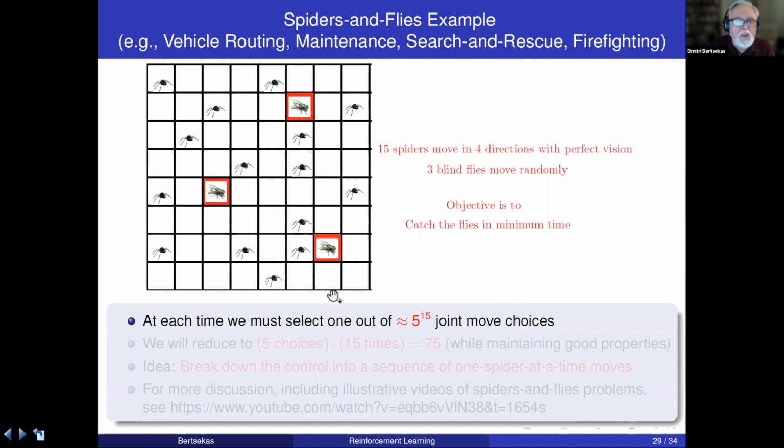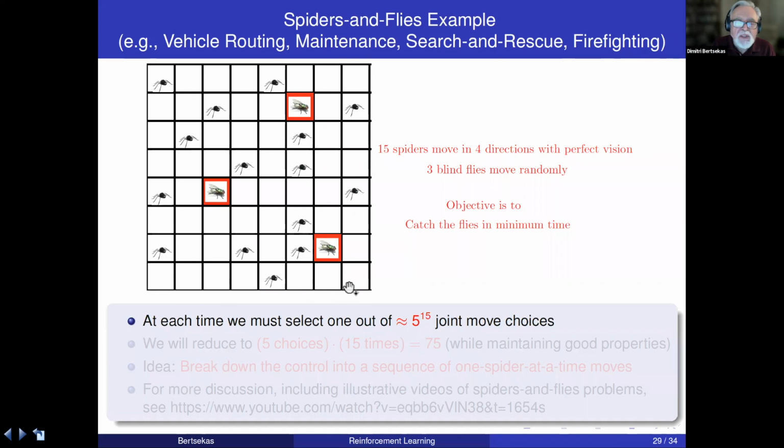So the optimal policy may be for these spiders here to move towards this fly, and for other spiders to move towards this fly, and so on, and to encircle it. You can imagine the character of the optimal policy. However, to compute the optimal policy by dynamic programming is just impossible.